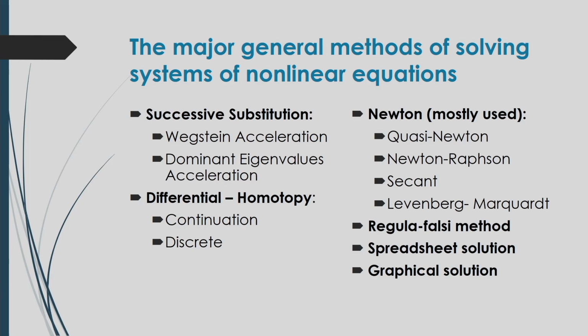Some other techniques are also available, like graphical solution, the regula falsi method, and spreadsheet solution. Here we will discuss the Newton method, which is mostly used to solve nonlinear equations.